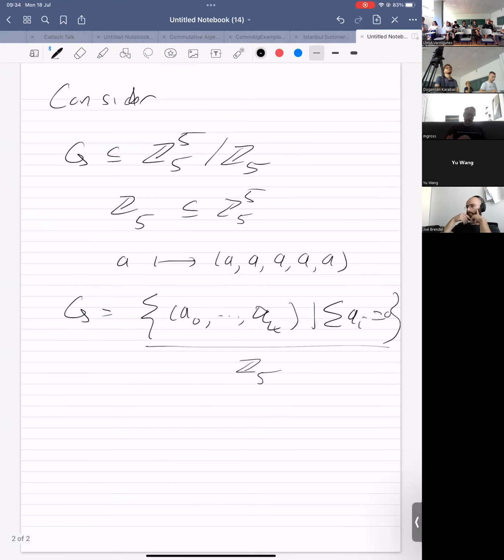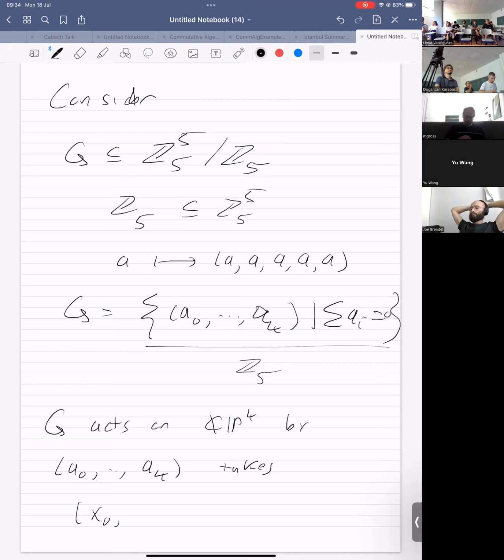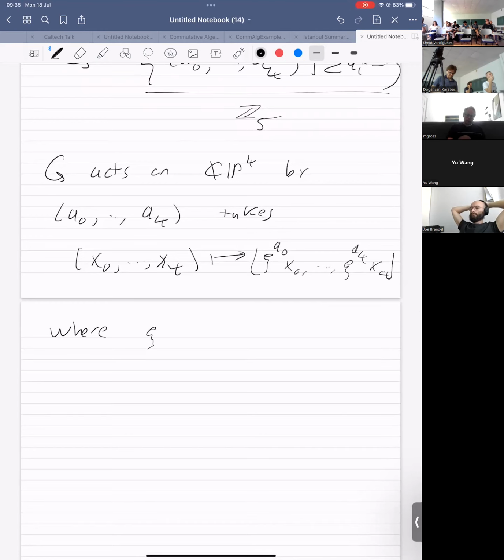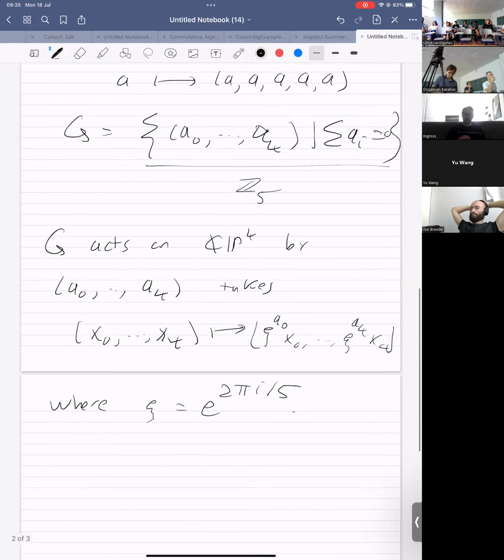Now, how does G act on X_psi? Well, it acts on P4. A tuple (a0, ..., a4) takes a point with coordinates (x0, ..., x4) to the point with coordinates (ζ^{a0} x0, ..., ζ^{a4} x4), where ζ is a primitive fifth root of unity, say e^{2πi/5}. Fine.